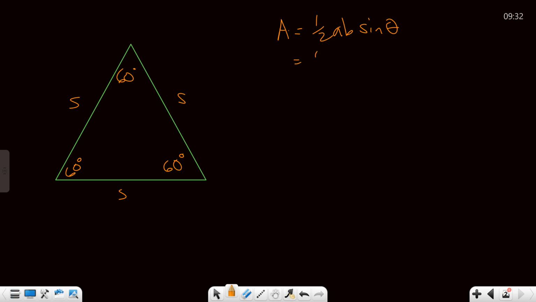In this case, it would be 1/2 S times S times the sine of 60, which again is 1/2 S squared times the sine of 60. Okay, that's one possibility, but I'm going to show you a different possibility.